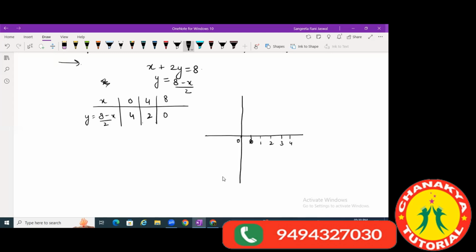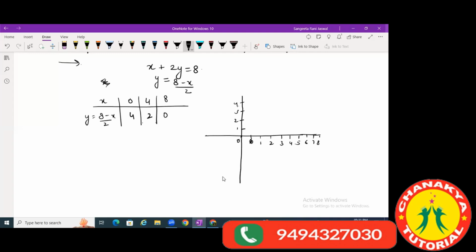Instead of taking all these numbers till 8, I'll take 8 only. I could have taken 2, 4, 6 like this also, because it's going beyond the line. And on this side I have maximum 1, 2, 3, 4.